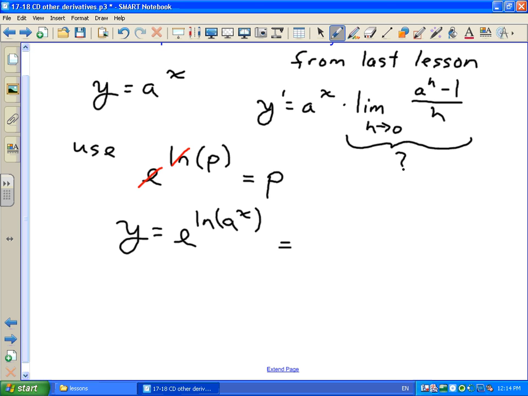I can apply my laws of logarithms up here in the exponent to bring the x out in front. So this becomes e to the ln a times x. But just like when we were working with the logarithms, ln a, because a is just some number, is just a constant.